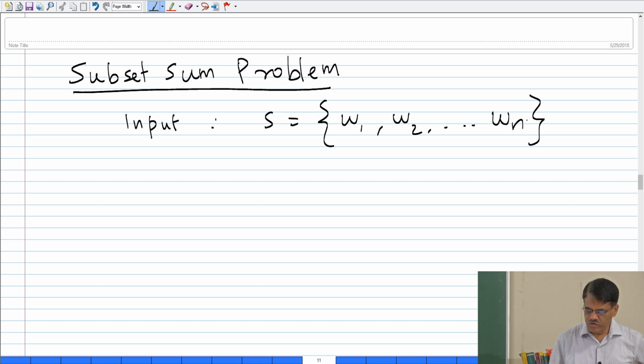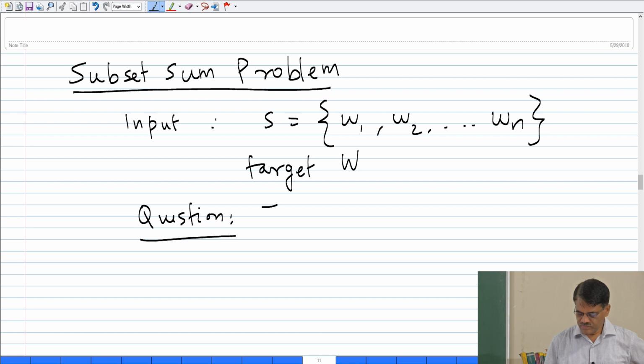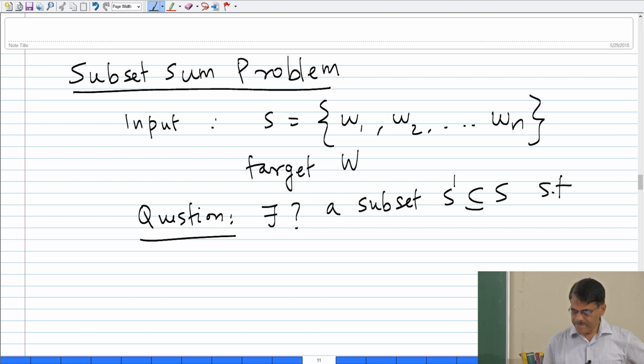Some n numbers are given to you, and a target W. And the question is, does there exist a subset S prime such that the sum of the weights w_i in S prime, no, this is not a correct mathematical notation, such that the weights in S prime add up to W.